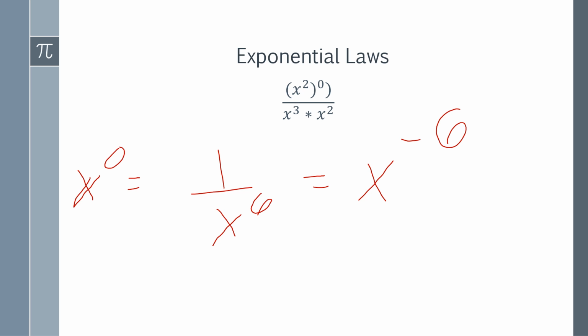Well, the mistake that was being made is that I couldn't multiply those exponents in the denominator, because when you got the same base multiplied together, those exponents gotta be added. So 3 plus 2 is 5. So that means my power gotta be 5. I could rewrite that as x to the negative fifth power.